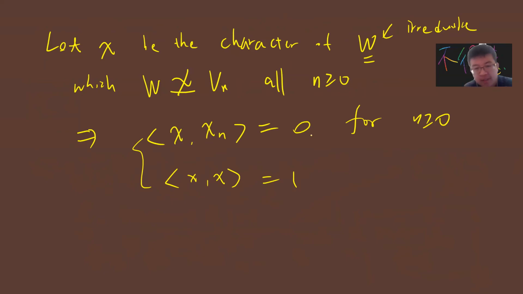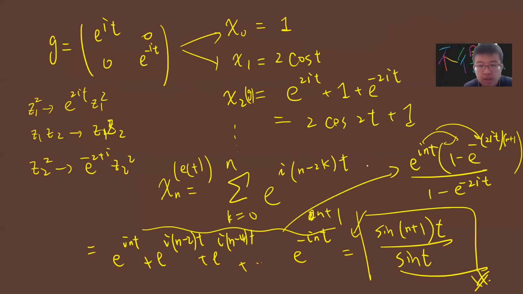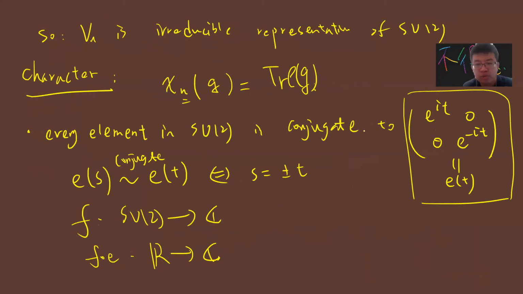But you can easily show that this is a contradiction. The reason is that your chi_3 will contain cos 3t, and so on, keep going. In terms of this, f is an even periodic function.